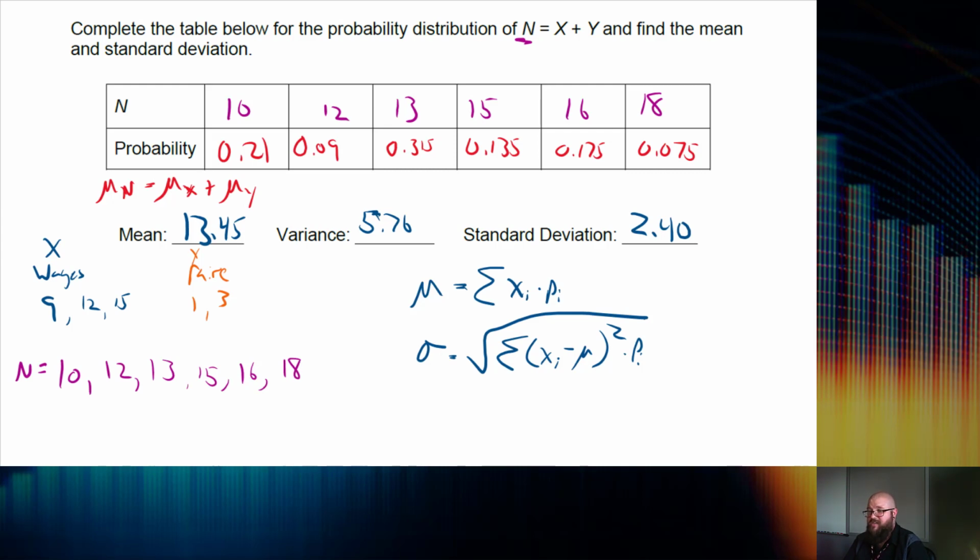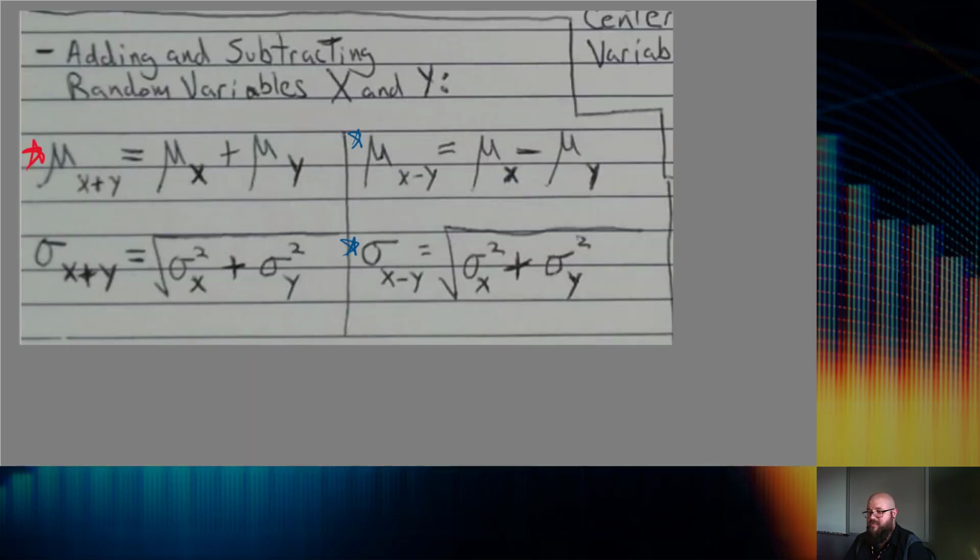For our standard deviation, this is simply the square root of the variance of x plus the variance of y.